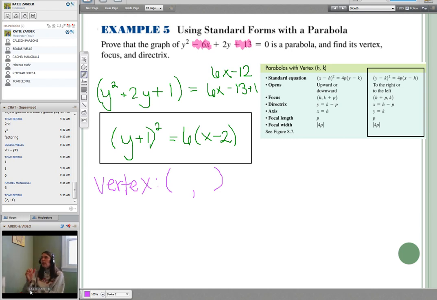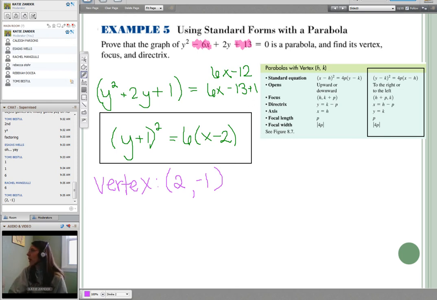It's so easy to take that -1, 2, because we always are used to looking left to right in our problems, but the h is always housed with the x variable. So when I pull the h, I want to make sure I'm looking next to the x. The opposite of -2 is +2, and the k value is always sitting next to the y. So that would be our -1 there.